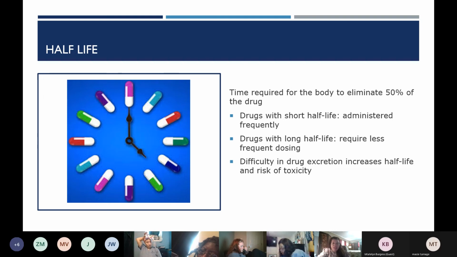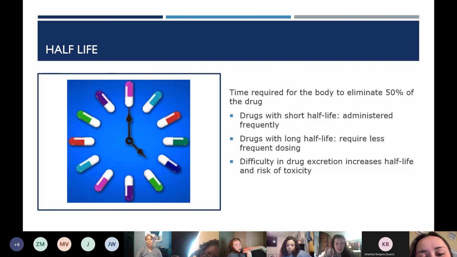I will not ask you to calculate half-life, but I will ask you, if a drug has a half-life of 14 hours, how many times a day would we expect that drug to be given? More than once or less than, would we expect it to be given twice a day or once a day? Yes. Macy's on a roll.